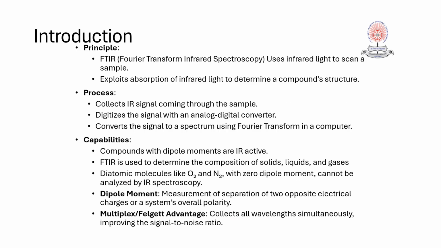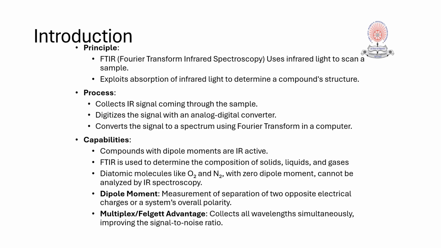FTIR uses infrared light to scan a sample. Infrared light is absorbed and the absorption depends upon the vibration of the bonds of the molecule. There is absorption and transmission of light depending upon the structure of the molecule, and the process involves collection of the IR signal that comes from the sample.